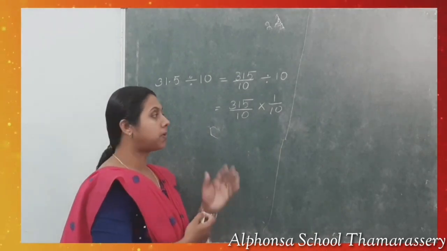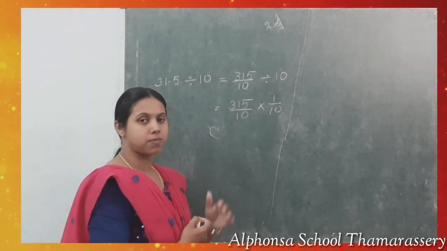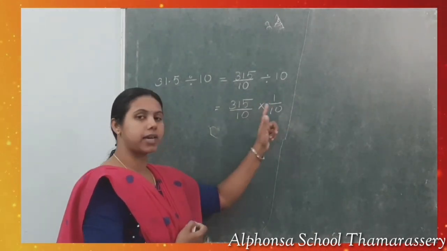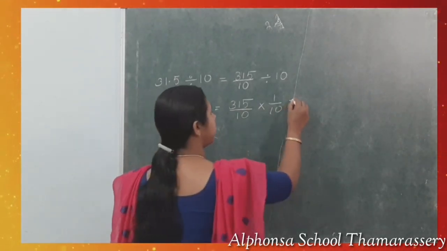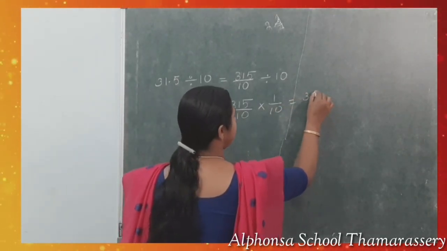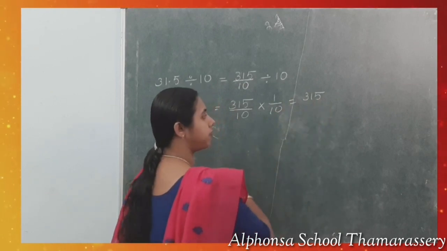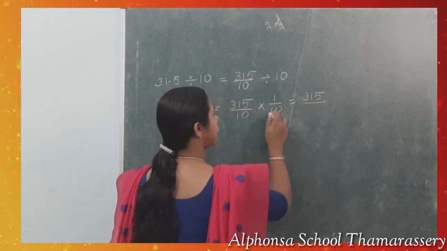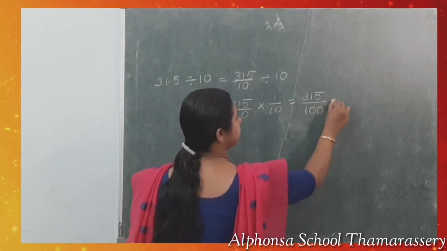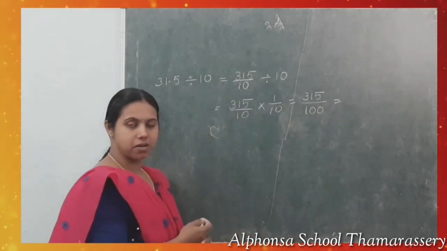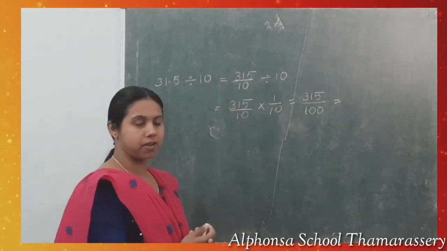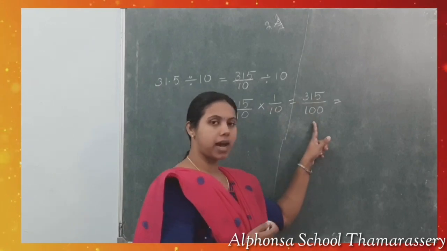Now we know the multiplication of two fractions: multiply the numerators and multiply the denominators. So it will be 315 into 1, that is 315, divided by 10 into 10, 100. Now you can write it in the decimal form, 315 by 100.